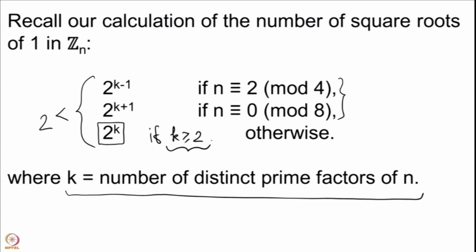So, whenever you have 2 or more odd prime factors, the group UN cannot be cyclic. For instance, if you were looking at 3 into 5, and therefore U15, then U15 is never going to be a cyclic group. That is because the number of square roots of 1 in U15, or in Z mod 15Z, which is the same thing, is equal to 4. There are 2 coming from 3 and 2 coming from 5. So, once you have 2 or more odd prime factors, then gone, UN cannot be cyclic.